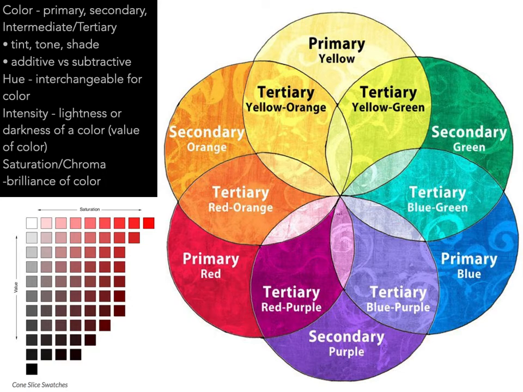Again, anything that's light-based. If you add all of the colors, you will end up getting white light. So this color system is different than the subtractive color system that the traditional color wheel is based off of. And we're looking at a traditional color wheel here.